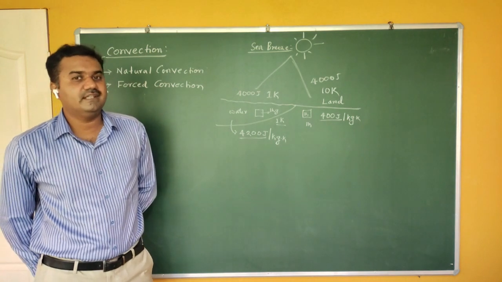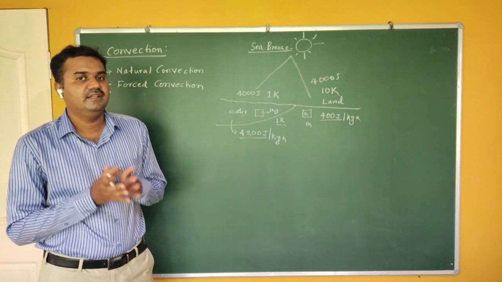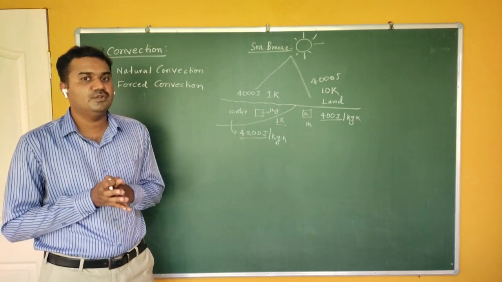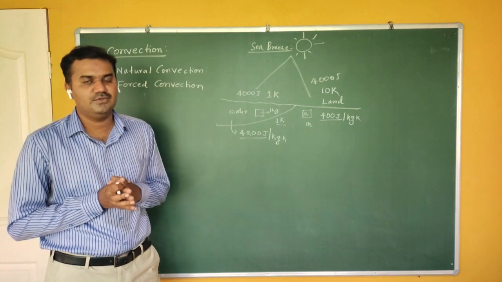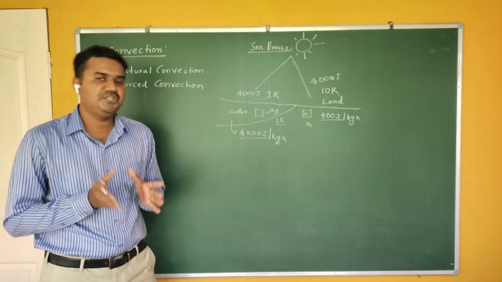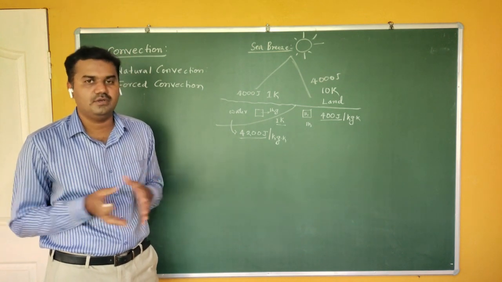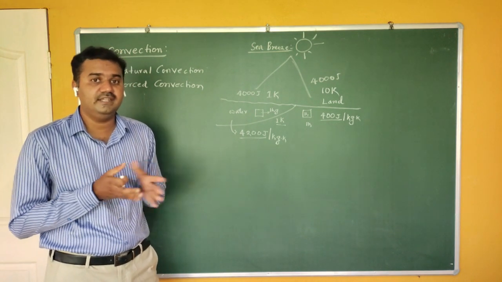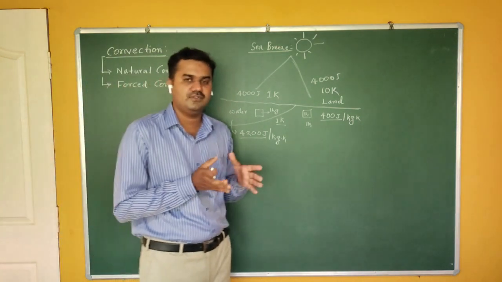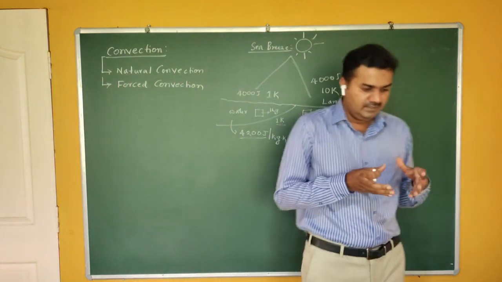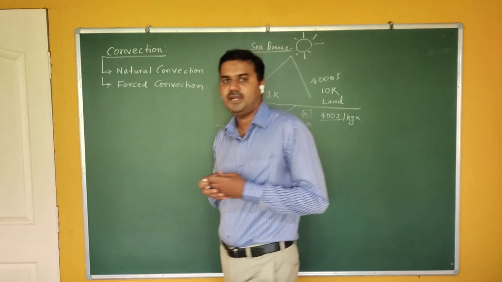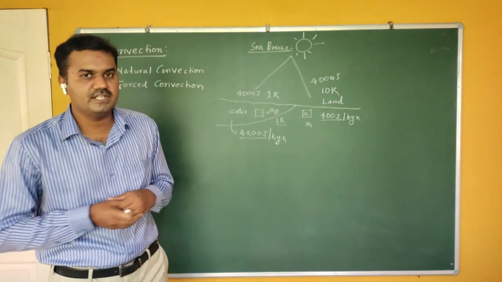Therefore, during the daytime, land gets heated more compared to water. You can't stand on the beach because the sand is too hot, but you can easily stand in the water, because water heats slowly compared to the land. Are you getting me? Who is responsible?